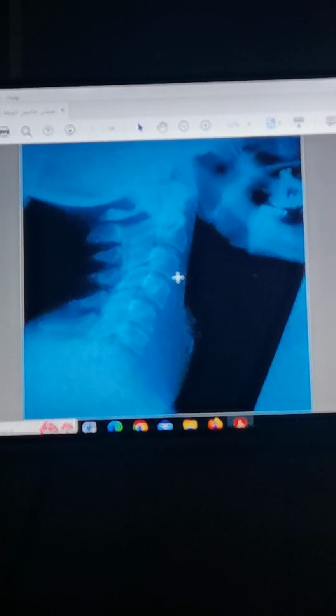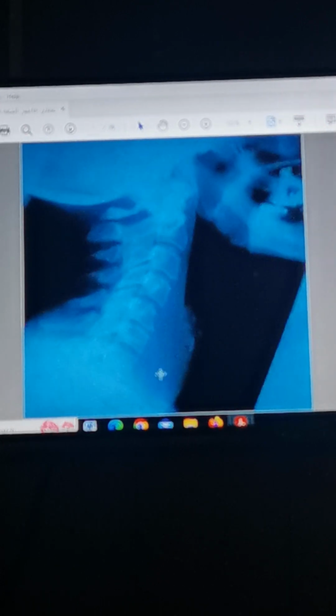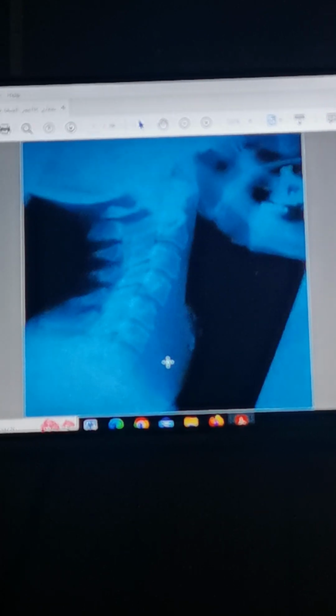So if you see this distance from here to here, and if you compare it with here to here, there is definitely enlargement in this soft tissue shadow. This is called the prevertebral soft tissue shadow.